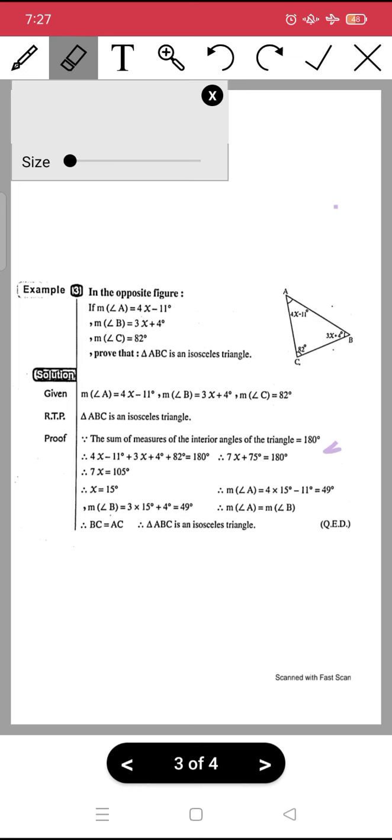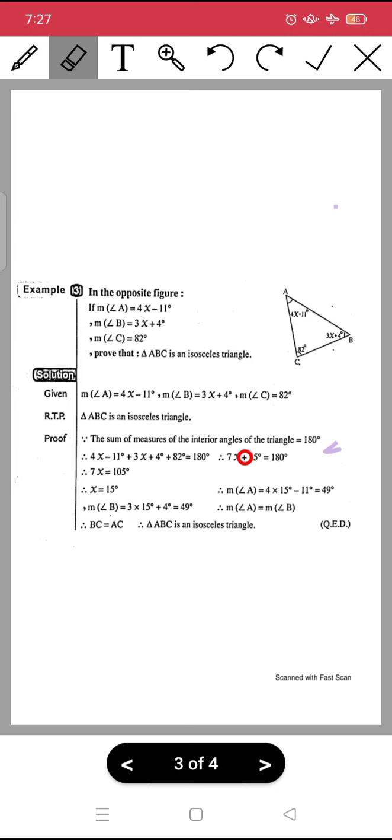Let's do it. We know that the sum of the measures of the interior angles of a triangle equals 180. So 4x minus 11, which is measure angle A, plus measure angle B, 3x plus 4, plus measure angle C, 82, equals 180. We'll take like terms together. 4x plus 3x gives 7x.